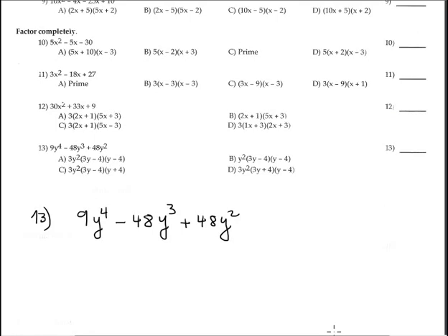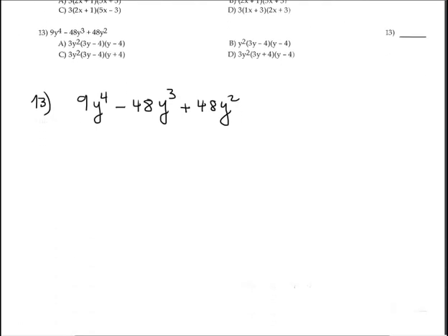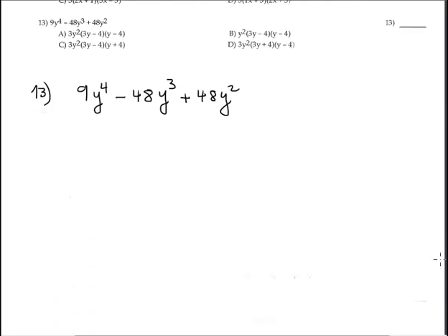Okay, number 13 is factor completely this expression. Okay. First of all, investigate if there is a common factor between 9 and 48. 9 is 3 and 3. 48 is 2 times 24, 2 times 12, 2 times 6, 2 times 3.